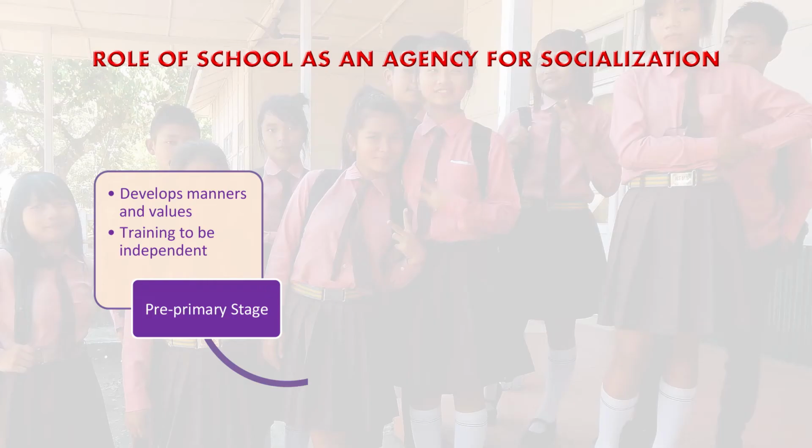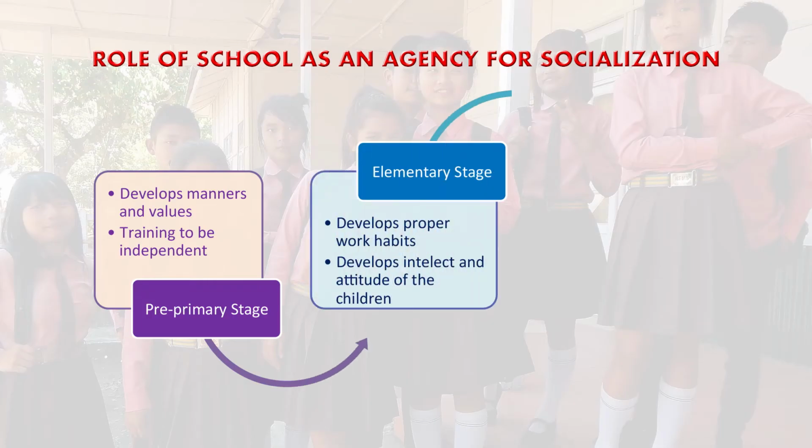They come in contact with their peers, with their group, and they act independently in the school. So that's why school also provides training, provides education, and develops a sense and right attitude for living independently. Then at the elementary stage, school develops proper work habits among the children.